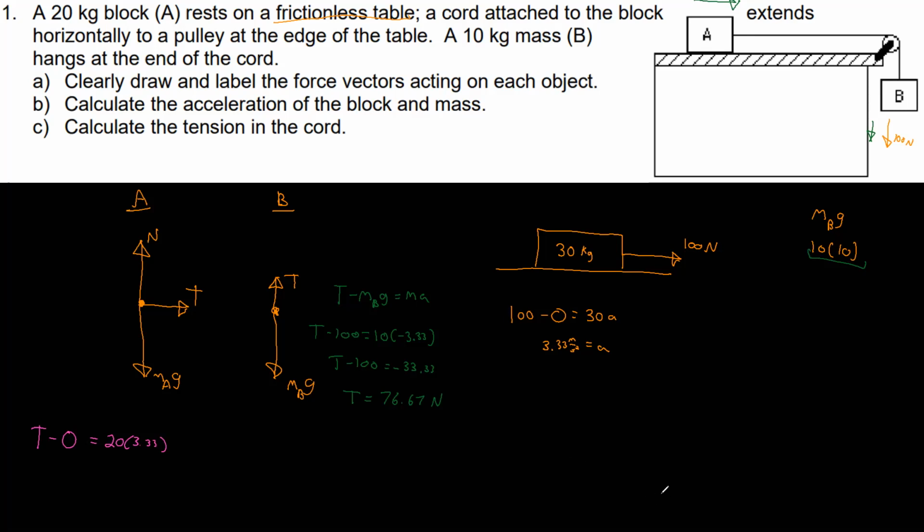Hold on, let me actually use a calculator, because I am clearly too tired to do this right. Yeah, 66, not 76. And if I do 20 times 3.33, I'm going to get 66.67. So it doesn't matter which one you do, as long as you know you add correctly.